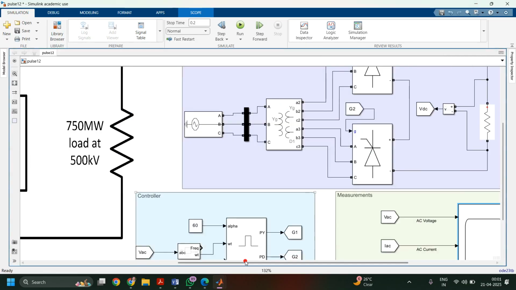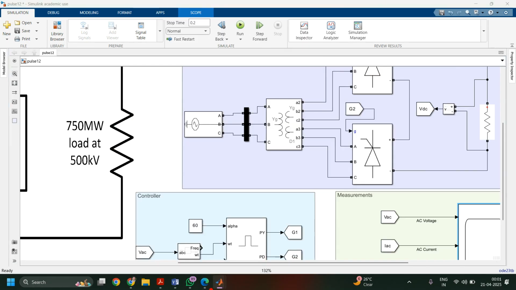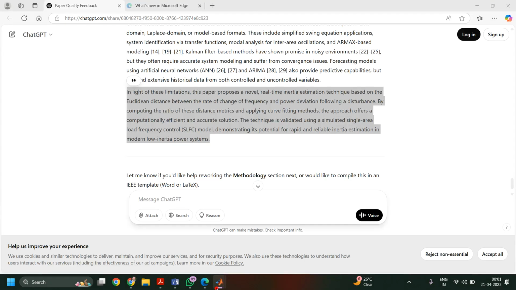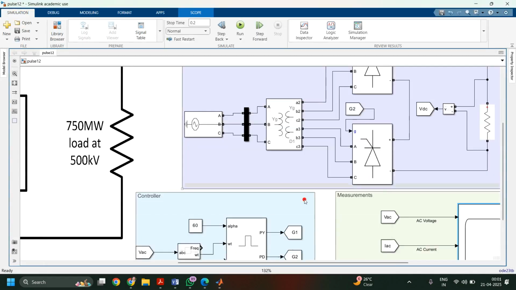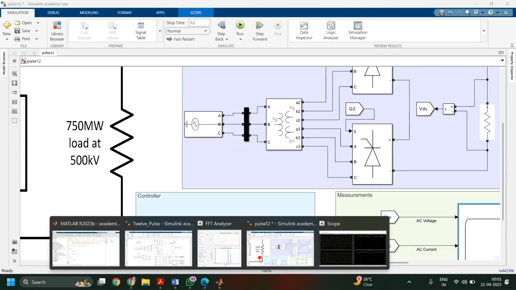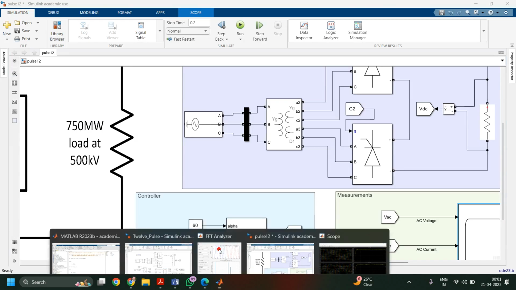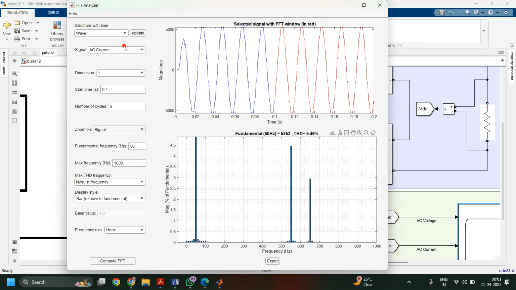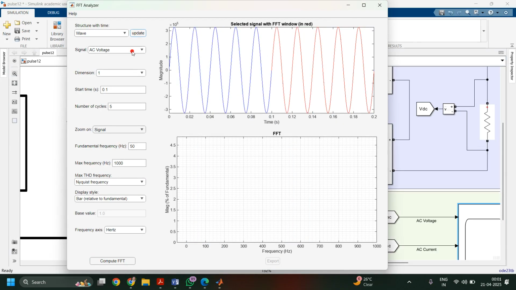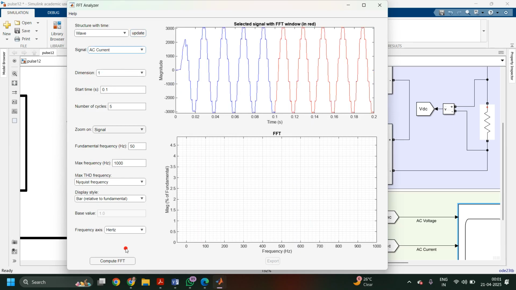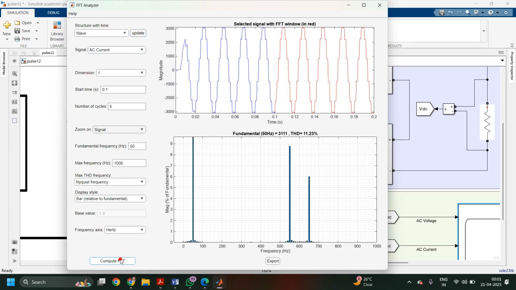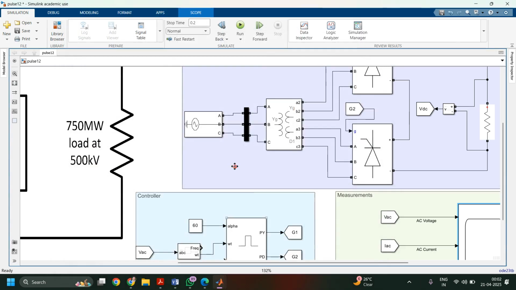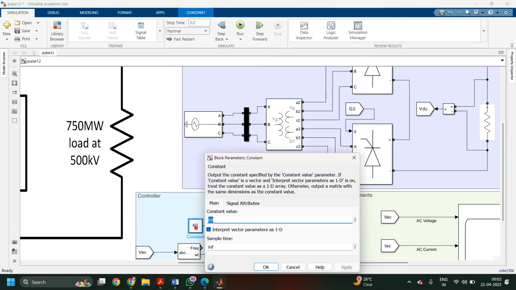So obviously, every time you are measuring the THD, click to the FFT analyzer. In this FFT analyzer, make it update and then choose the AC current. Now, if we observe here, the THD is increased to 11.23%.